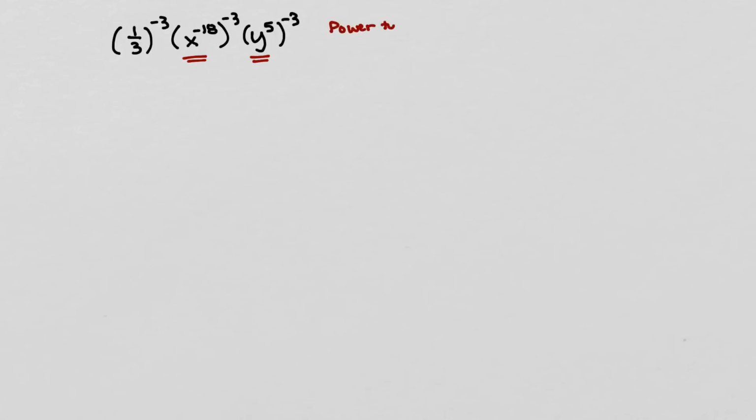Meaning, if I have a single base, a, raised to a power, but then all of that is raised to another power, I can simplify this by taking the base and multiplying my exponents. So that's what I want to apply to the x and the y variables.